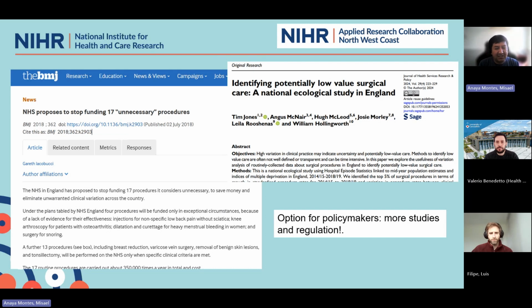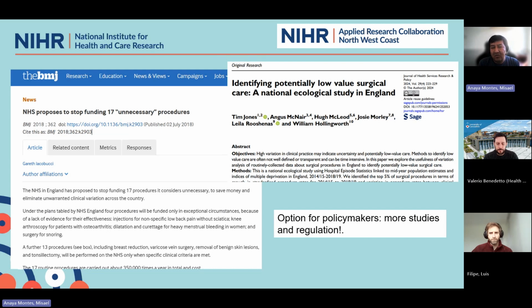So they try to reduce, for example, varicose vein surgery, removal of benign skin lesions, tonsillectomy, and so on.